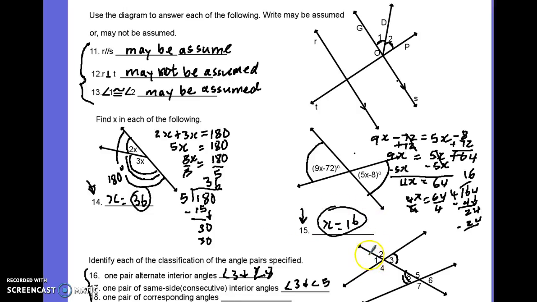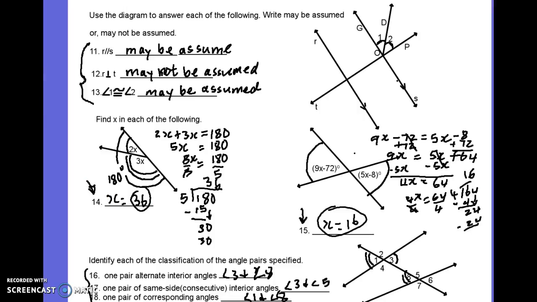So I could take, let's say, this angle 1, which is at the top left of this juncture, matches with angle 8, which is top left of this juncture. So we have angle 1 and angle 8. Another pair would be angle 3, bottom right, and angle 6, bottom right. All right?